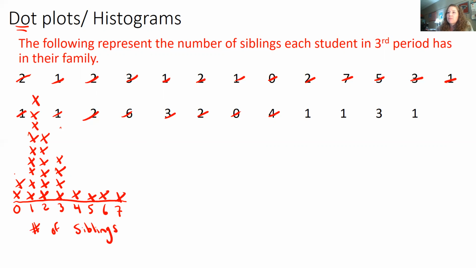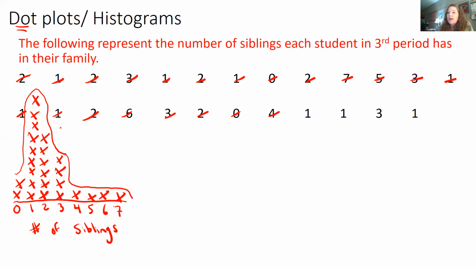I also see that most of my data is spread out between 0 to 3, but then we do have a graph that skews to the right because some people have large families, 5, 6, and 7 siblings, right? But most of my data is concentrated to the left, which means that the graph is skewed right, it's the opposite.